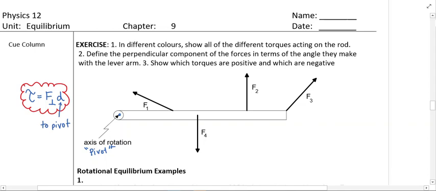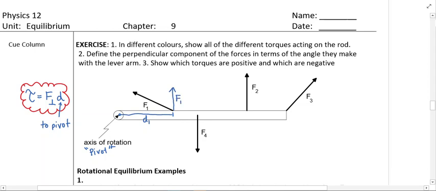Okay, so let's look at F1. If I look at my D for F1, I'm going to call this D from here to here. I'm going to call this D1 because it's going to F1. You know, some effort on the subscripts is nice. And I'm looking at F1 here, and I just want the perpendicular component of F1. So the perpendicular component is going to be about that much here.